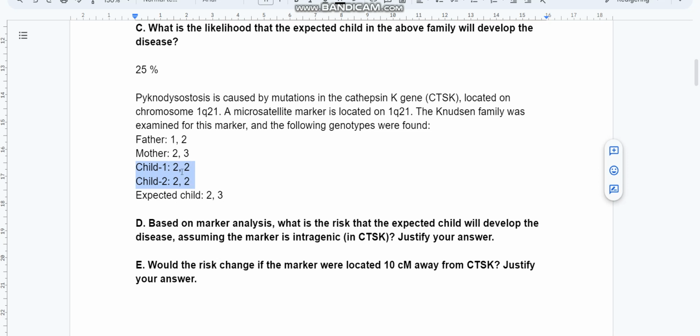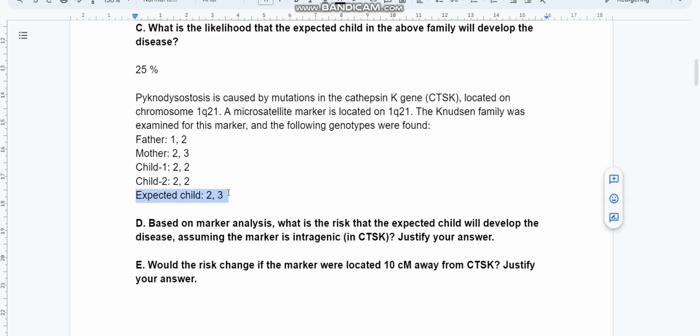Now the question remains, where did they get this from? Of course, from their father and mother, because the mother has one and the father has one. So they are both very unfortunate that they got this allele here and this one here, making them have the disease.